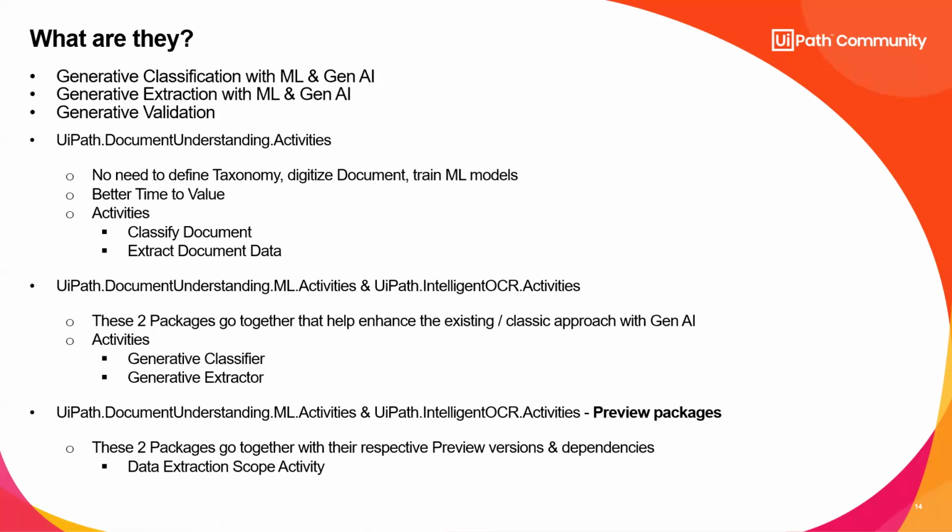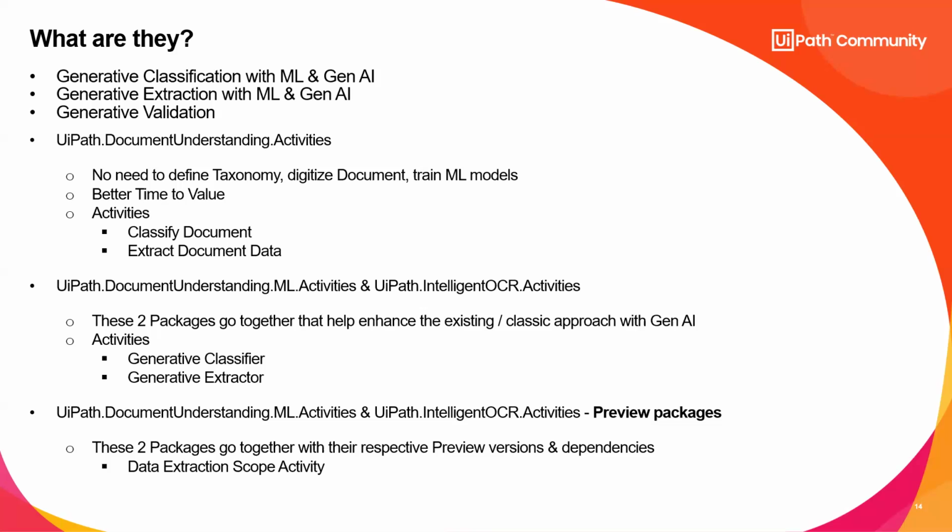And this wholly utilizes Gen AI, and this is better time to value. Going forward from the UiPath side, it is recommended to use this new package for all the new projects. And we will be improving it and making it better in the future.